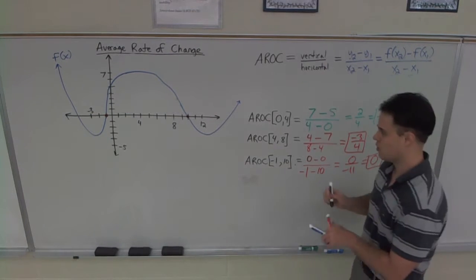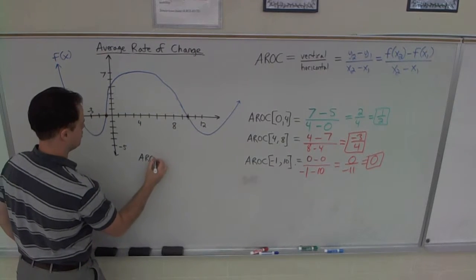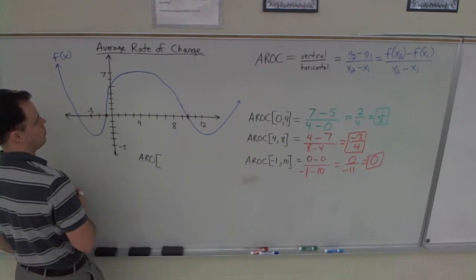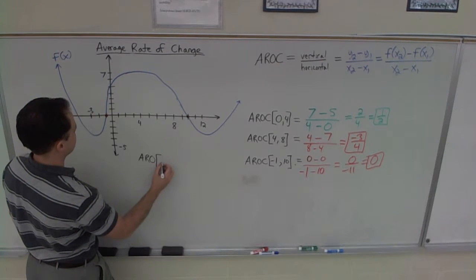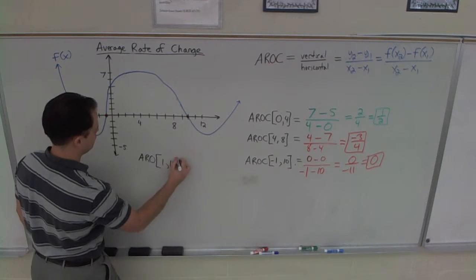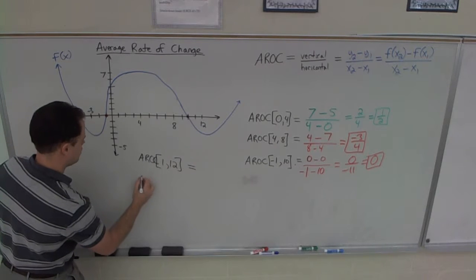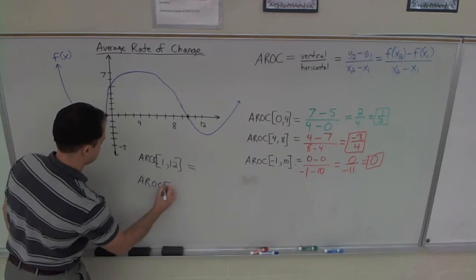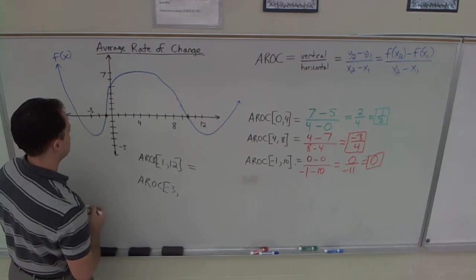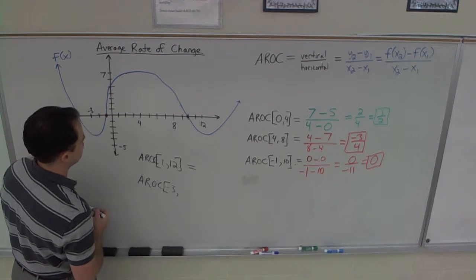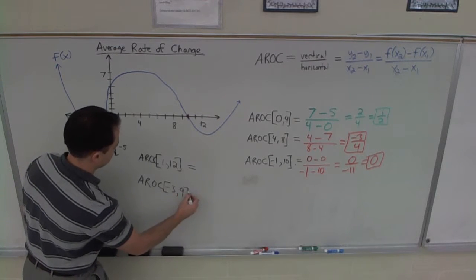So let's do a couple more intervals here. Let's do the average rate of change between 1 and 12. And then let's do the average rate of change between -3 and 9.